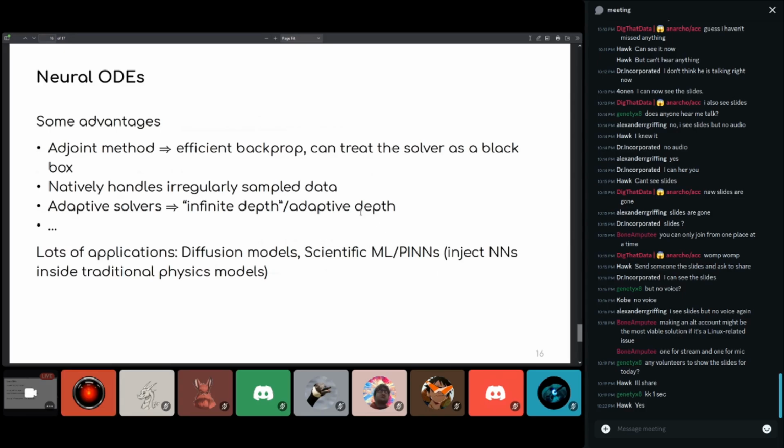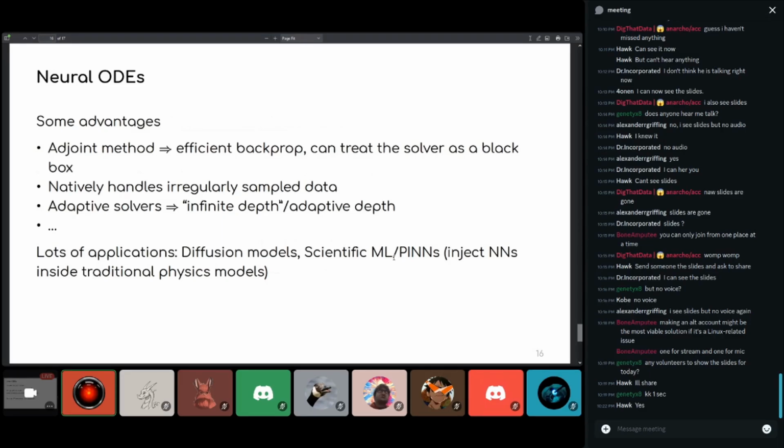You can use something called the adjoint method, which is classic ODE stuff, to directly compute the adjoint, so your backprop through your ODE solve. And so that's nice because to compute the backprop, you only need to solve another ODE. It's nice because one, you can treat the ODE solver as a black box. You don't really need to care about whether you're using Euler or something else.